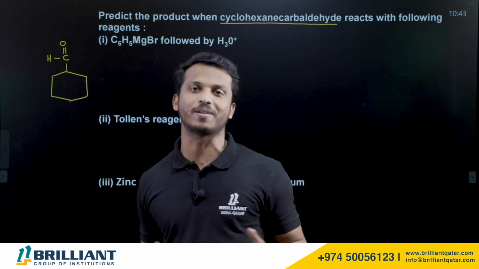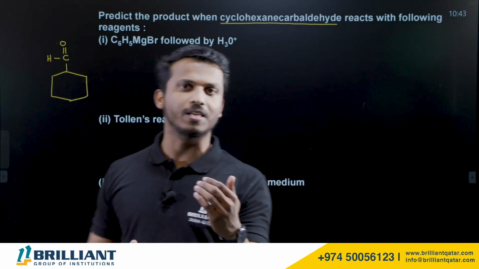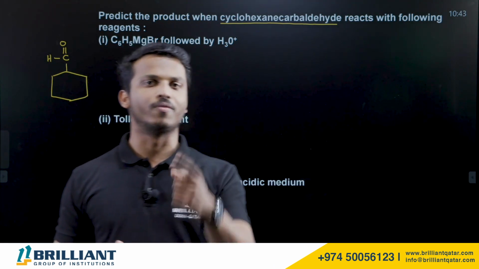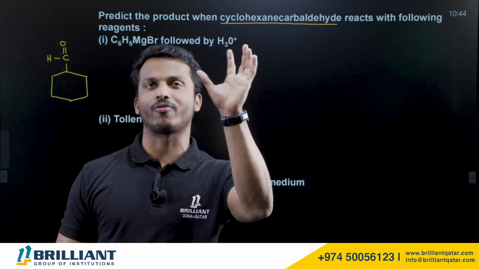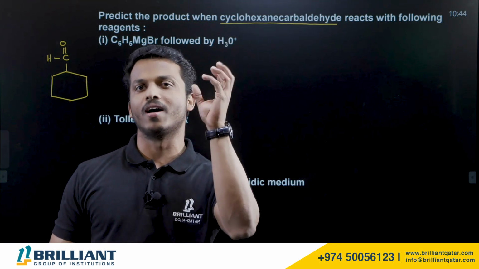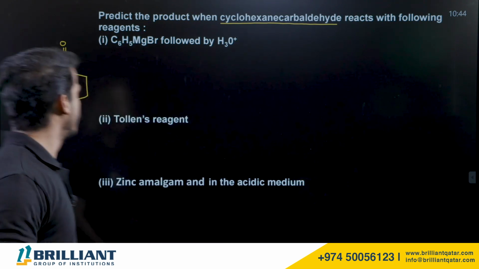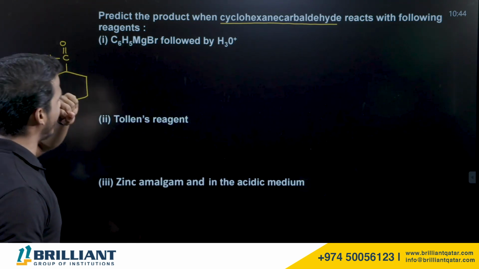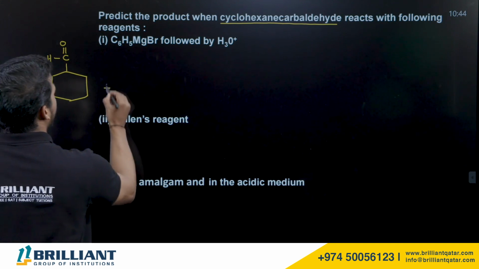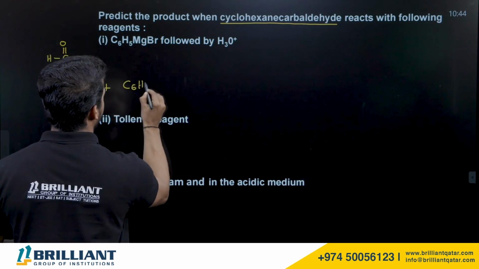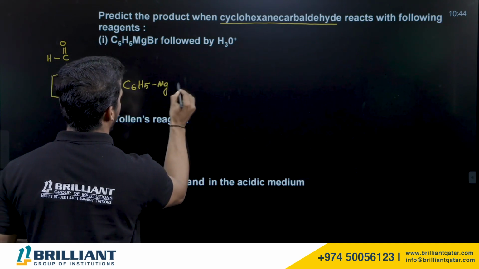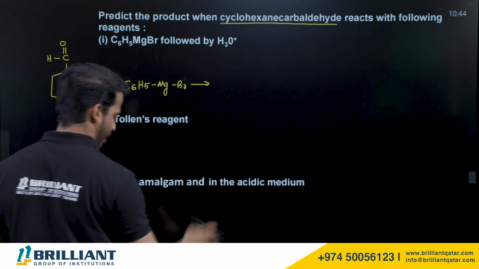So total 7 carbons are there. So if you want to specify that CHO group also, we have to use the name cyclohexane carbaldehyde. Now perfect, with carbaldehyde, that carbon of the aldehyde is specified. Alright, so this is the compound cyclohexane carbaldehyde. It is treated with, dear all, C6H5MgBr. What is C6H5MgBr? This is our Grignard reagent. Yes, dear all.